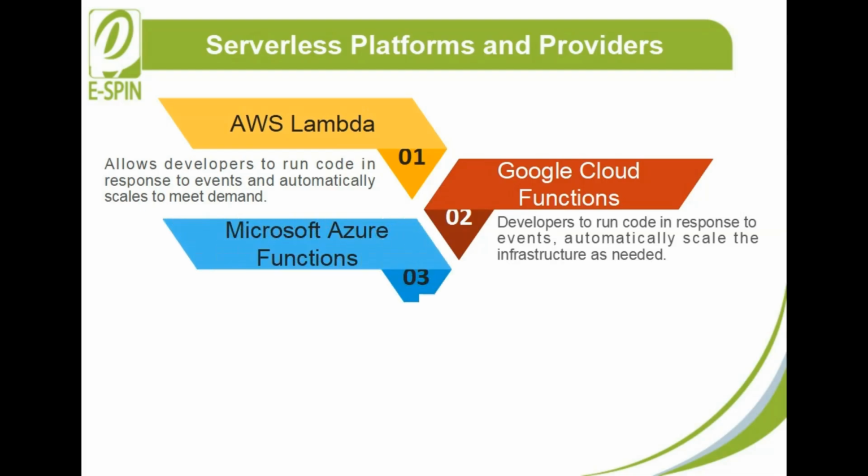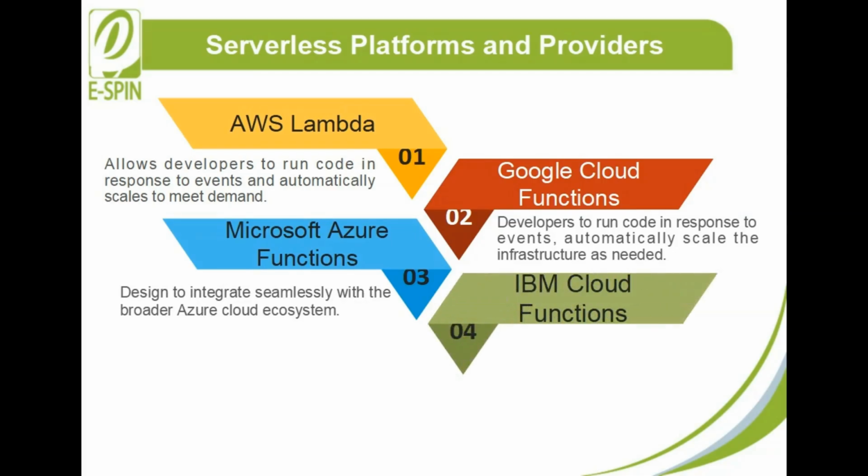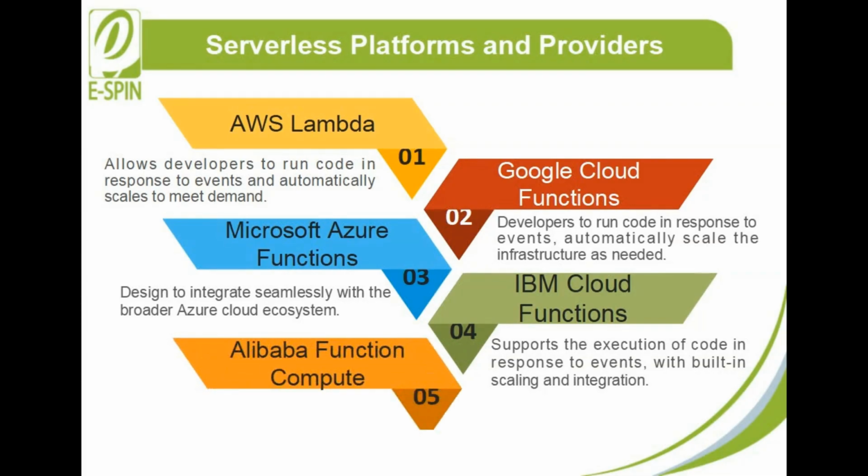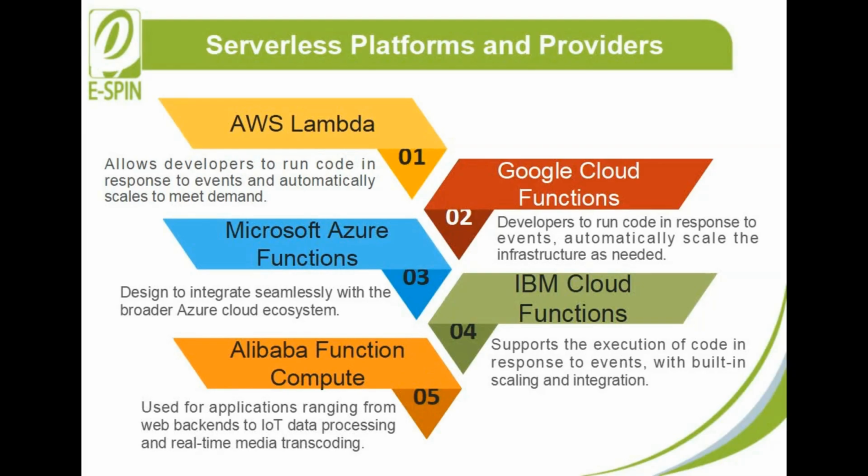Microsoft Azure Functions: it is designed to integrate seamlessly with the broader Azure cloud ecosystem. IBM Cloud Functions: it supports the execution of code in response to events, with built-in scaling and integration. Alibaba Function Compute: it is used for applications ranging from web backends to IoT data processing and real-time media transcoding.